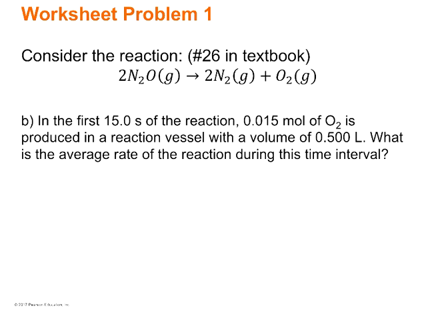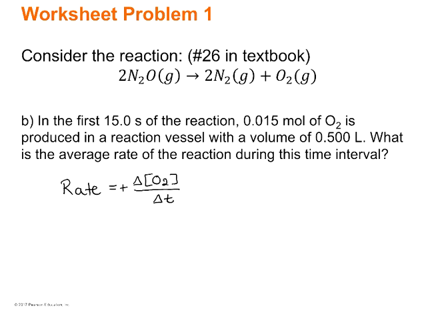In the first 15 seconds of the reaction, 0.015 moles of oxygen is produced in a reaction vessel with a volume of 0.5 liters. What is the average rate of the reaction during this time interval? So we already said that the rate is equal to the positive change in the concentration of O2 over the change in time.